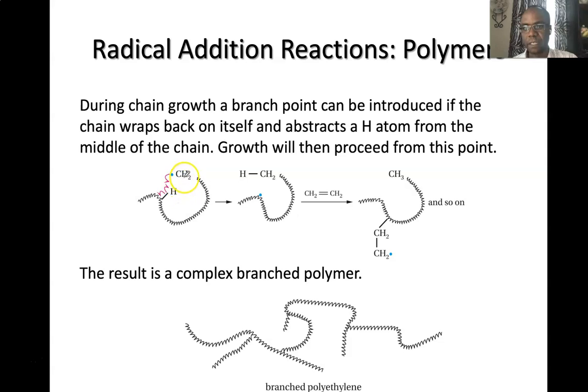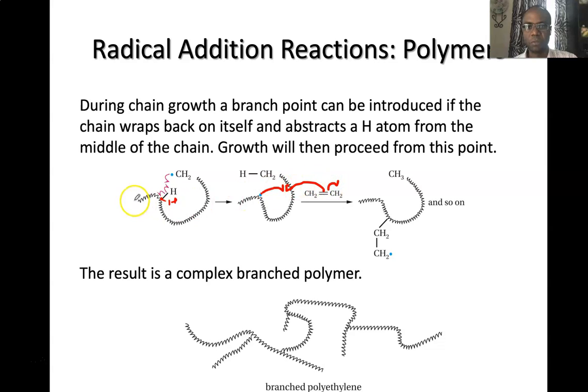Now, the polymer can end up chewing up itself. Like there's a snake, I think somewhere in Texas, that when it gets older and gets hungry and is starved in the desert, it starts chewing itself and then it dies. So the polymer can coil and then deprotonate itself, takes out a hydrogen from one of the CH2s. You get this, and then this one could in turn react with an ethylene.